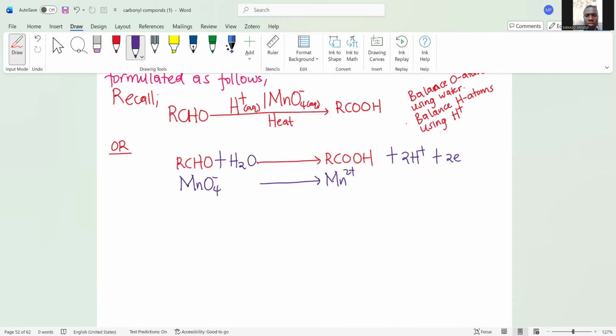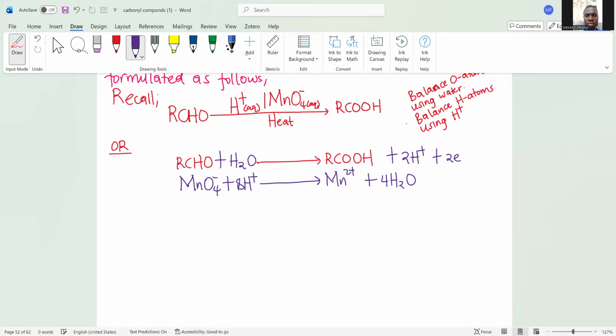Now look at the left-hand side, I have one Mn, right-hand side, I have one Mn. On the left, I have 4 oxygens. We balance oxygen using water. Therefore, this side, I add 4 H2O. Because the 4 H2O creates 8 hydrogens, which are not on the other side, I add 8 hydrogen ions.